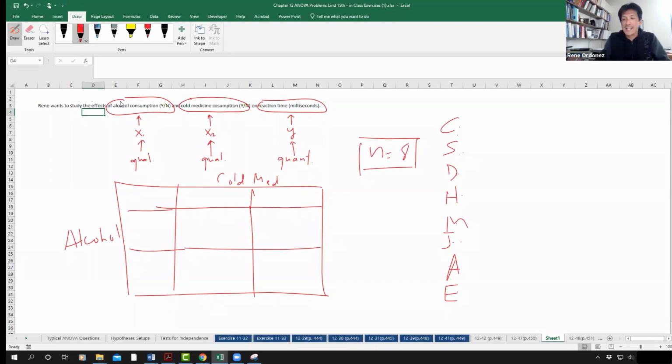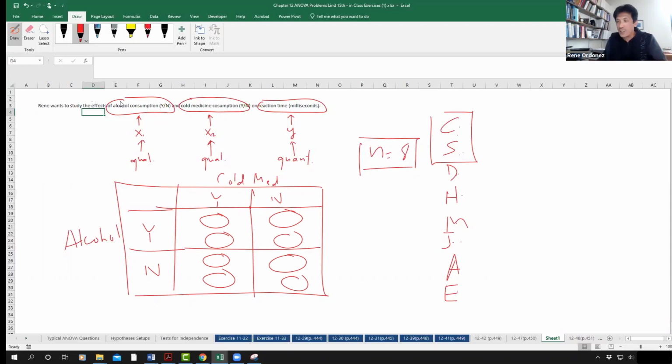Cold medicine would be yes, no, yes, and no. Say that after random assignment, Christopher and Shoshana are assigned to quadrant 1, David and Hannah to quadrant 2, Megan and James to quadrant 3, and finally Alan and Emiliano to quadrant 4.